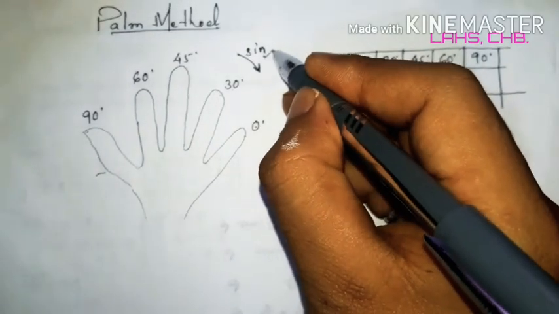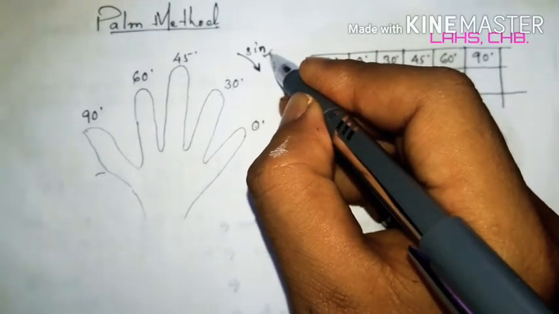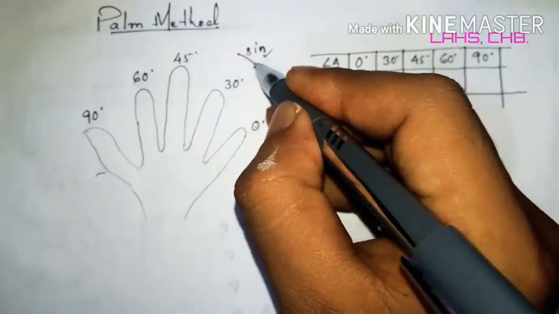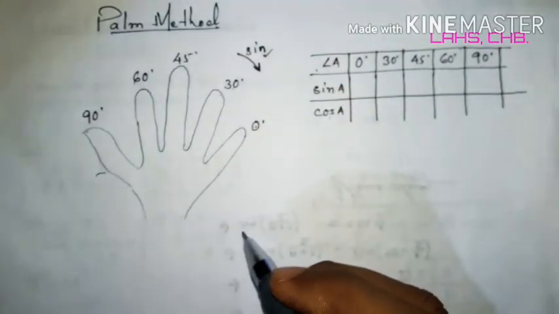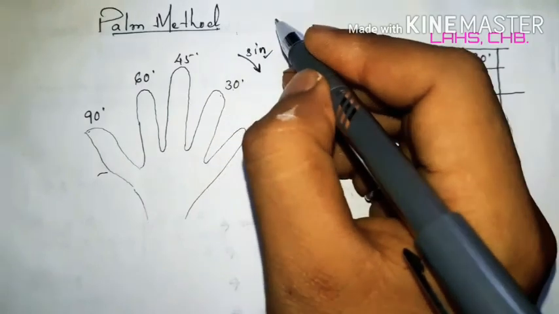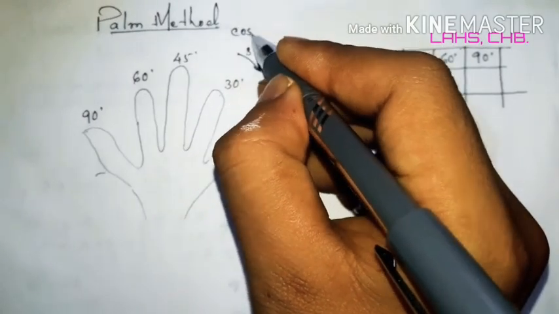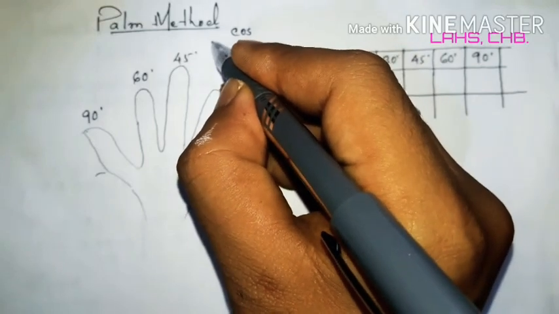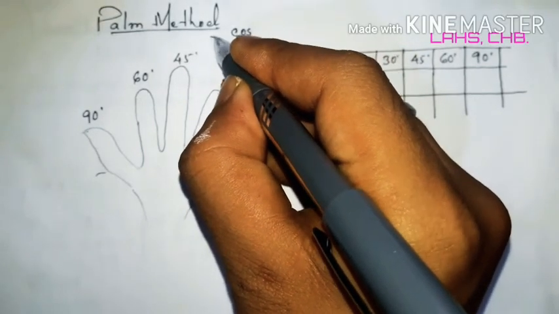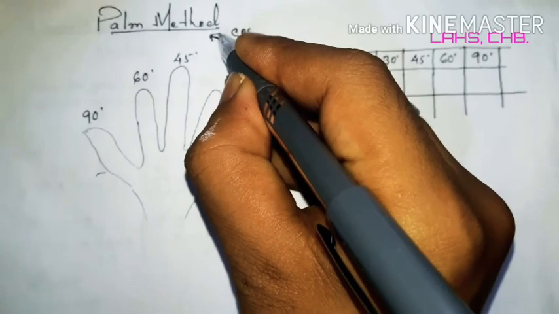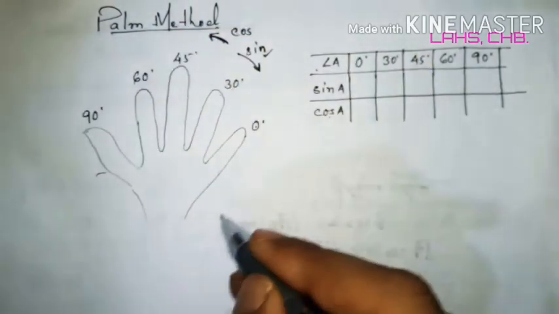Remember, while obtaining the different values of the sine ratio, you will have to count the fingers in the clockwise direction. And while obtaining the values of the cos ratio, you will have to count the fingers in the anti-clockwise direction. In this direction you will have to go.